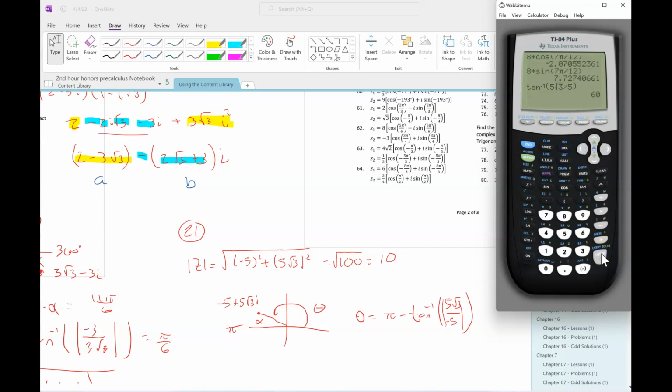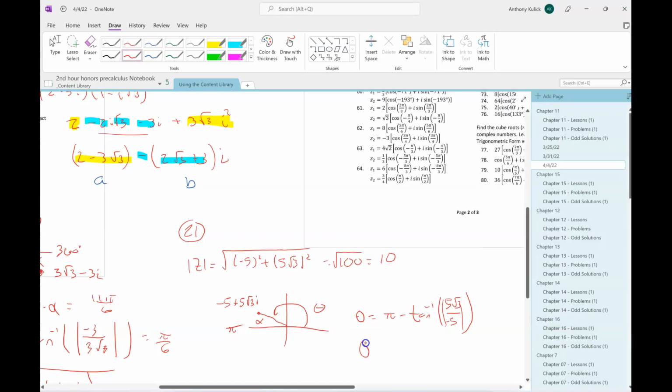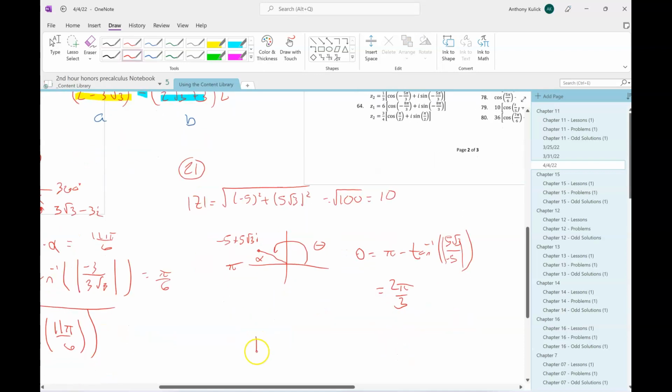So this becomes then 5 pi over 6. No. 4 pi over 3. No. 60 degrees is a sixth. Or is a third, excuse me. 2 pi over 3.